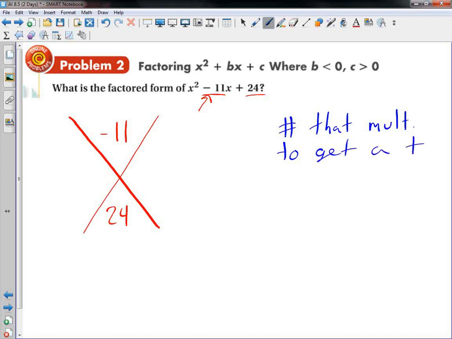Well, obviously if I take like 2 times 3, I'm going to get 6. Or if I take a positive number times a positive number, I get a positive. But that's not going to work here because positive numbers don't add to get a negative 11. Well, one thing that we should know by now, a negative number times a negative number is positive, so negative 2 times a negative 3 is also positive 6.